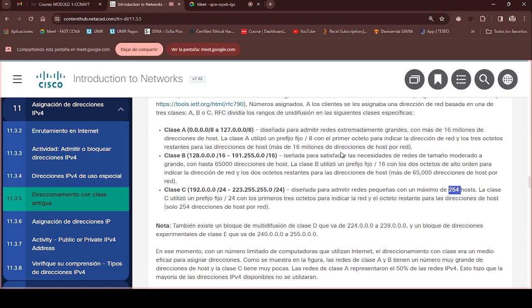Y la empresa podía colocarle a sus equipos la dirección IP 192.0.0.1, 192.0.0.2 y así sucesivamente. Pero si tenías 5 equipos, pues quedaban 249 direcciones sin ocupar.